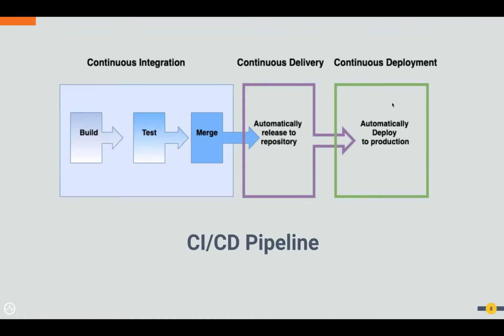Continuous deployment means automatically releasing the developers' changes from the repository to production, where it is usable by customers. Taken together, these connected practices are referred to as a CI/CD pipeline.